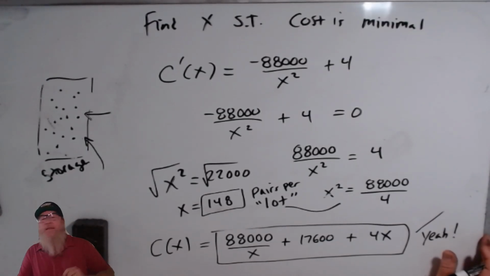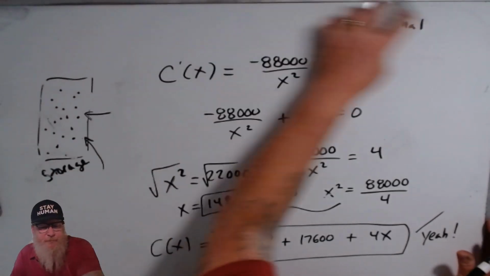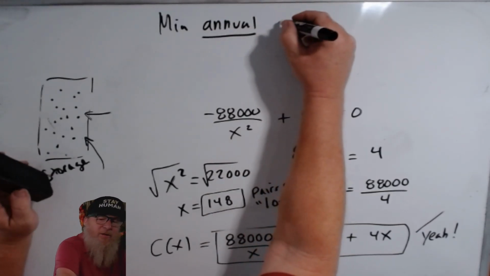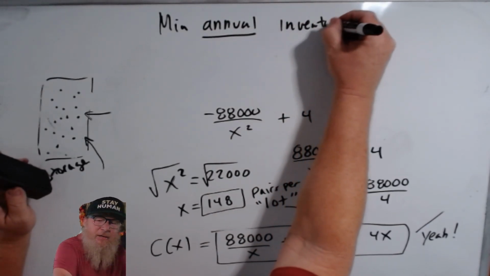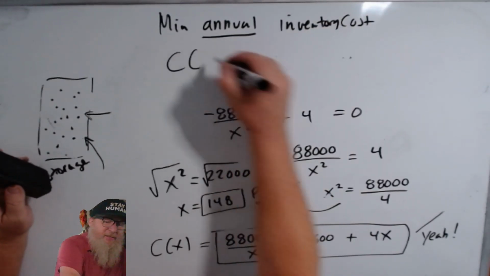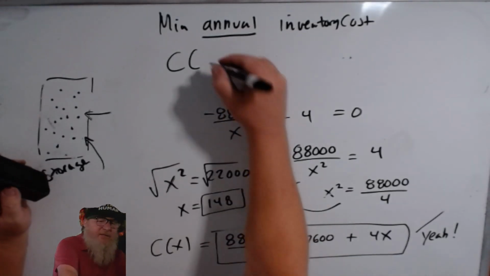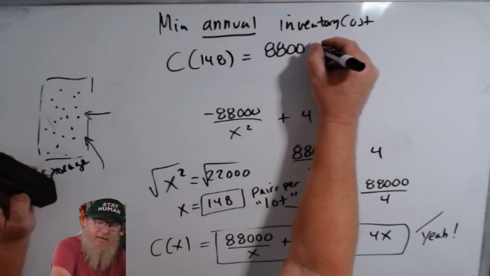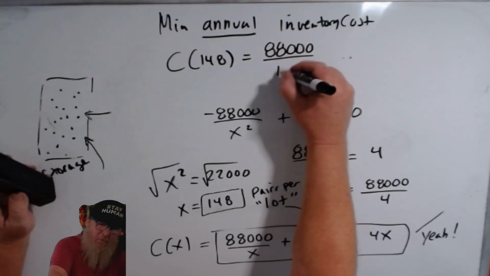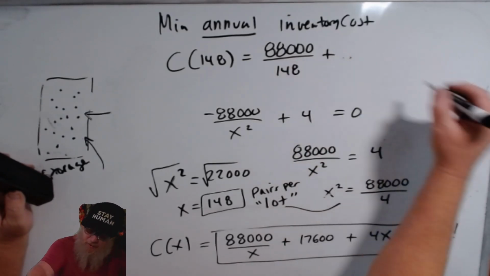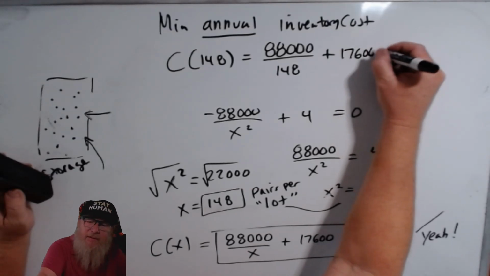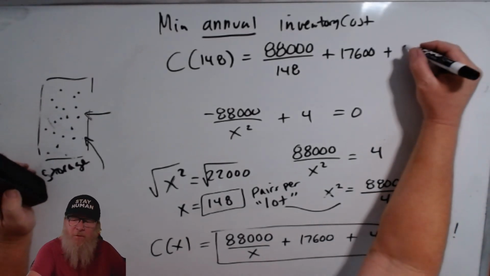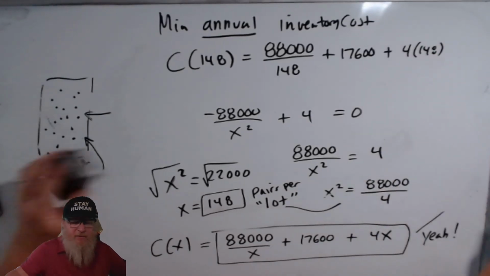And then finally, the minimum cost. The minimum annual inventory cost, this is for 1 year, is C, not the derivative, but just the regular C, of 148 pairs of shoes. So that's 88,000 over 148 plus 17,600 plus 4 times 148.